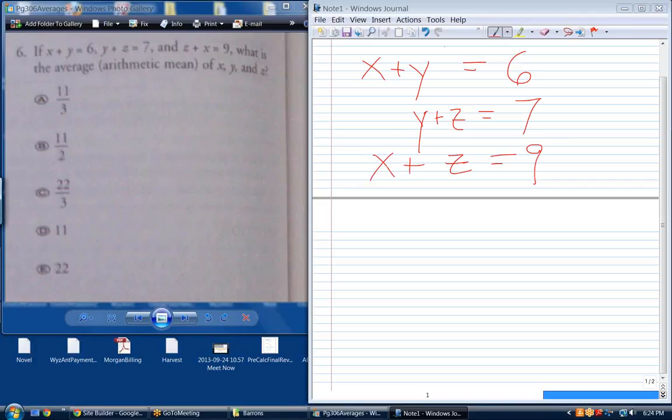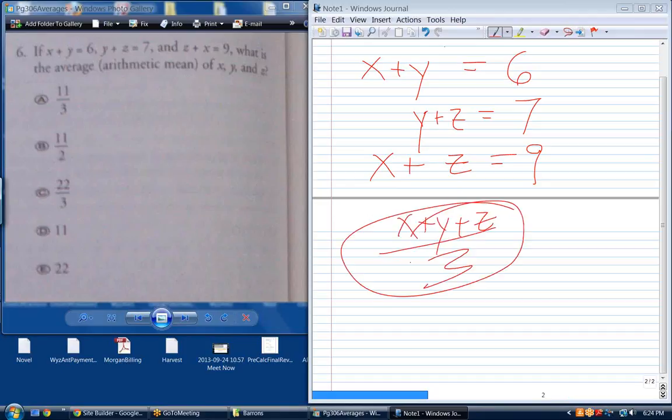By elimination, you know what I mean? In other words, by solving simultaneous equations. We have 3 equations and 3 unknowns. So with enough time, we could solve for x, y, and z. And what do they want? They want x plus y plus z divided by 3. That's the number they're looking for.